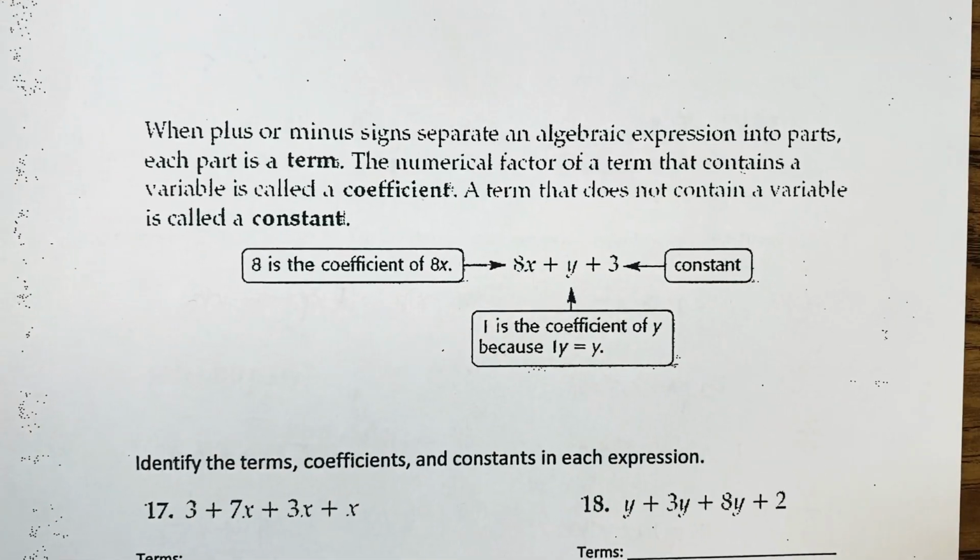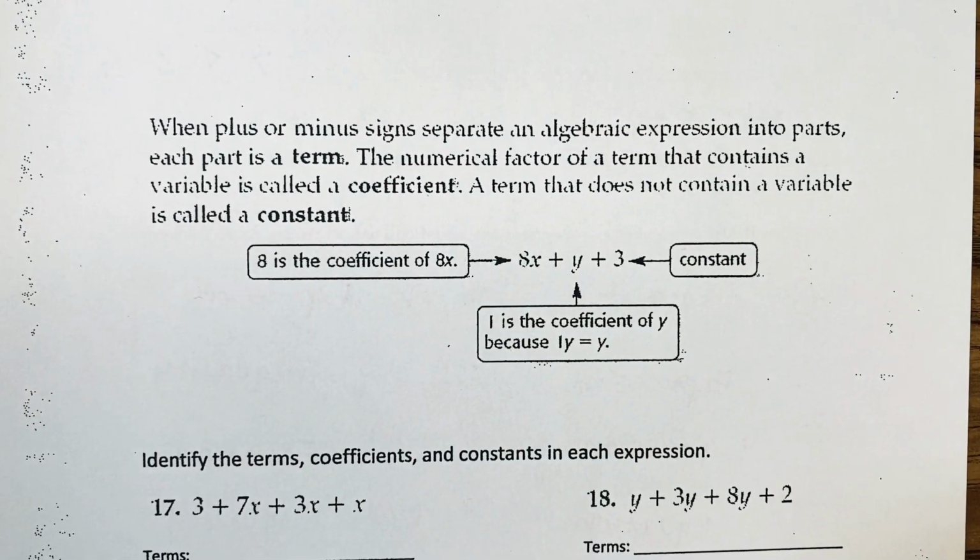Okay, last page of notes. So on top it says, when plus or minus signs separate an algebraic expression into parts, each part is a term. The numerical factor of a term that contains a variable is called a coefficient. A term that does not contain a variable is called a constant. Okay, we already learned all that stuff.